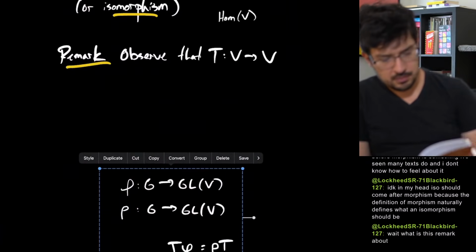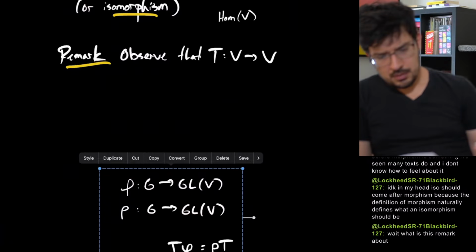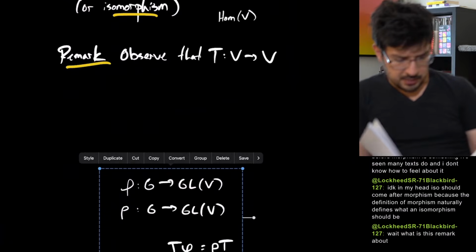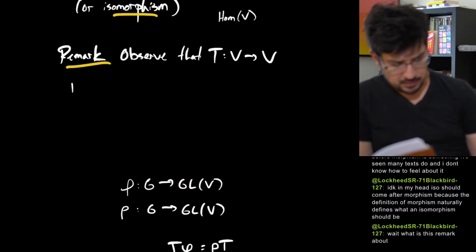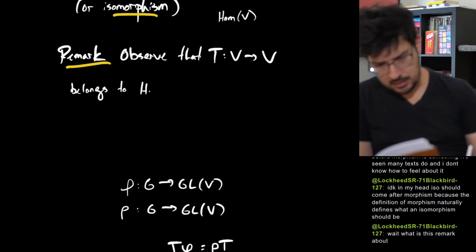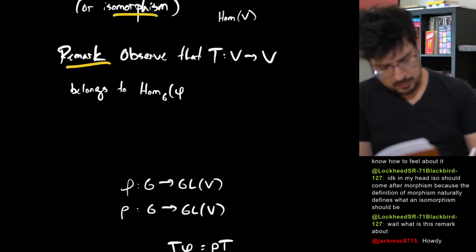Okay, so well, yeah. So observe that any map of the vector space into itself belongs to Hom of phi phi.